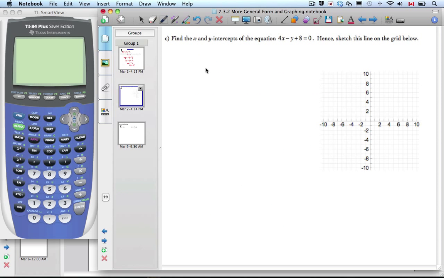Next, find the x and y intercepts of the equation and sketch the line on the grid. We'll do the x-intercept first. We know that our x-intercept is going to have a y value of 0, because it crosses the x-axis and I don't go up or down. I stay on the axis, so y has to be 0. So we plug that in and solve.